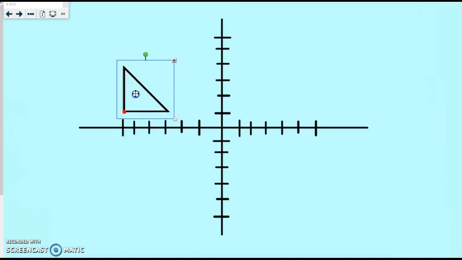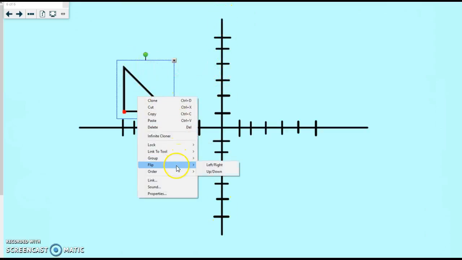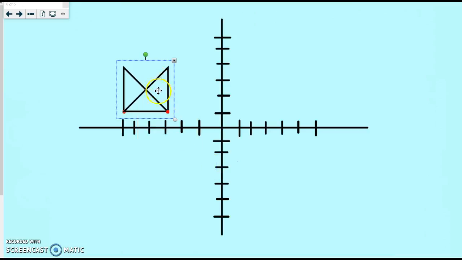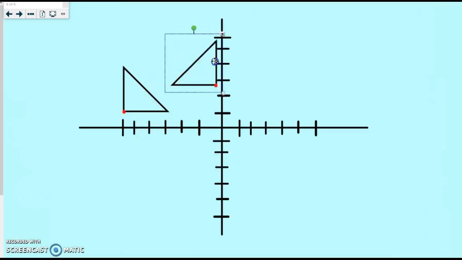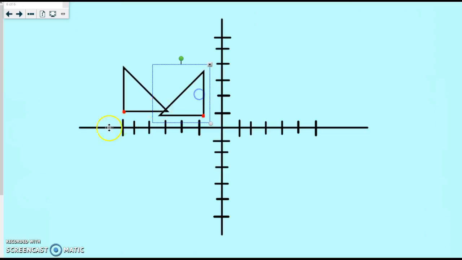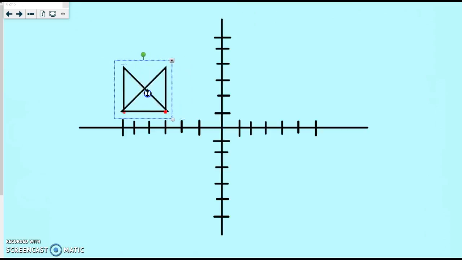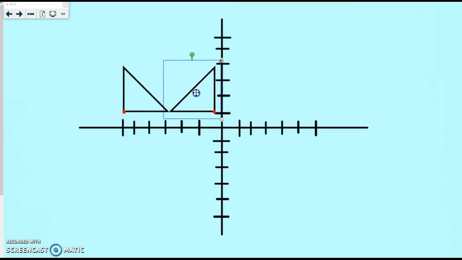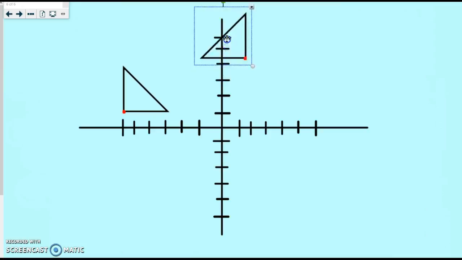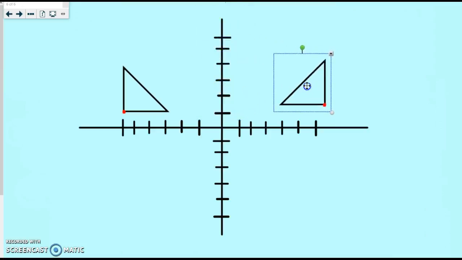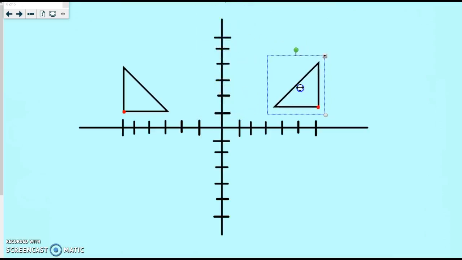Now that it's back, I'm going to show reflection about the y-axis. So first we need to take our figure and flip it. And since we're reflecting about the y-axis, this point makes a huge difference. So while flipping it has done the first reflection, reflecting it about this y-axis, the points have to mirror each other.